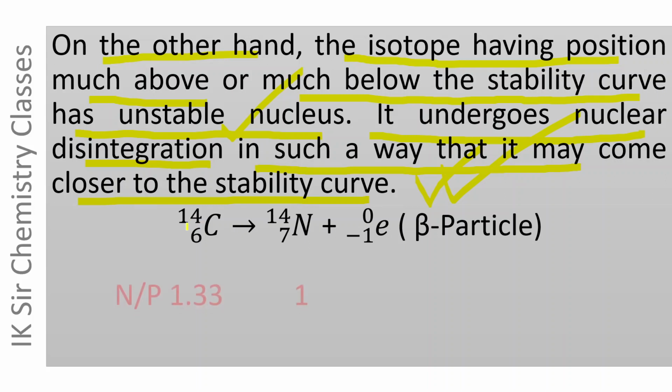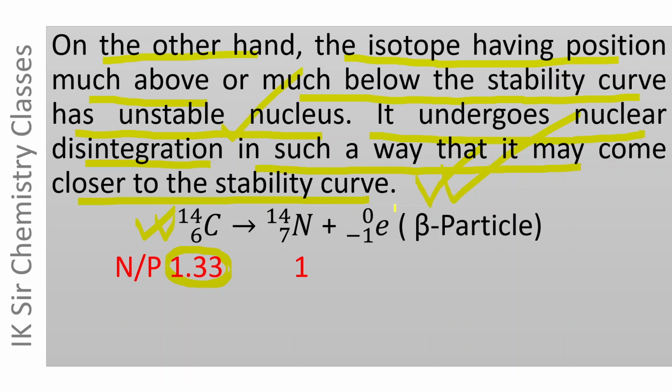C14 has N by P ratio 1.33, as we have seen earlier, and its position in the graph is much above the stability curve and it is radioactive. It is beta active.